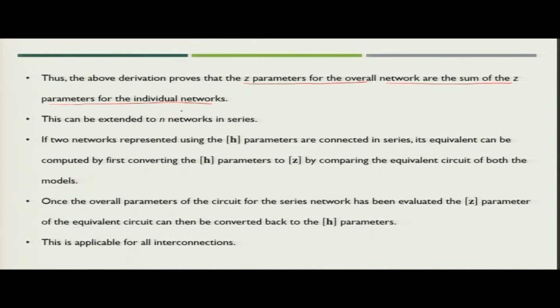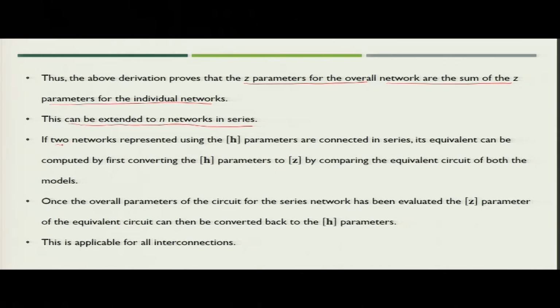Whatever we discussed was for two port networks; we can extend it to n sub networks which are part of the overall network of the system.